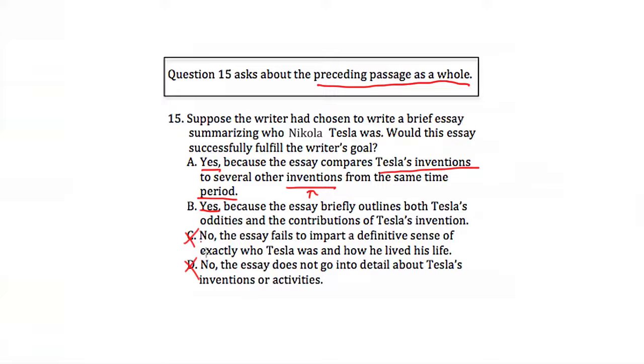But let's check B. Yes, because the essay briefly outlines both Tesla's oddities and the contributions of Tesla's invention. Well, it does do this, but does it mention any oddities? Well, if you think all the birds liking him in the park is an oddity, then your best answer is answer B. So for the last question on our worksheet, choose B.